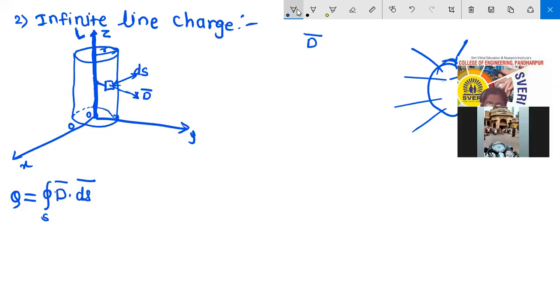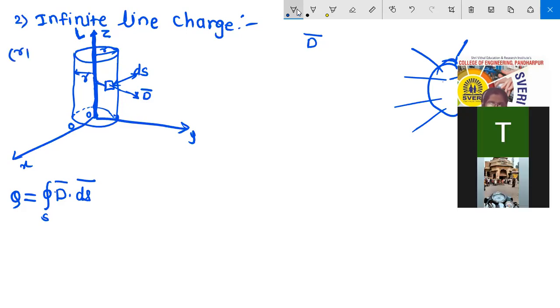Before finding that, tell me, what are the coordinates of the cylindrical system? R, phi, z. Correct.